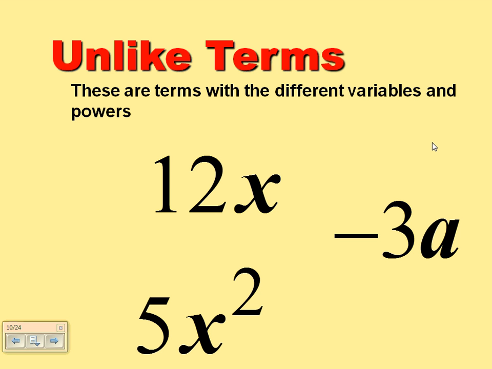Well, the reason why they are unlike is because they have different exponents. 12x does not have an exponent. 5x squared does. So the x's are actually different. There's x and there's x squared. They are unlike terms. They have to have the exact same exponent. Lastly is 8. Notice that 8 does not have a variable. It is totally different from 12x, negative 3a, and 5x squared. All of these terms are unlike.